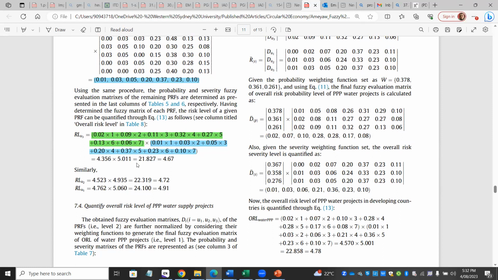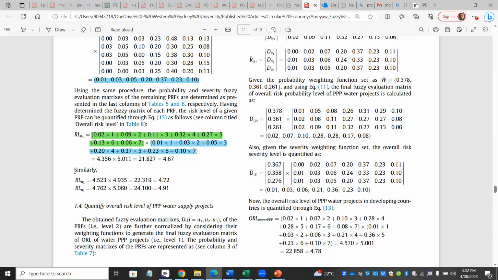Then you find the square root. So this is the square root of 21.827. In a way, I would say this is the significant fuzzy evaluation index. Then the square root of that will give you 4.67.